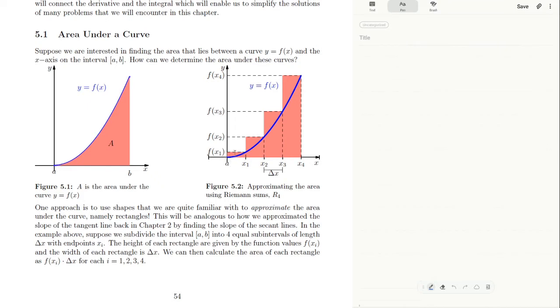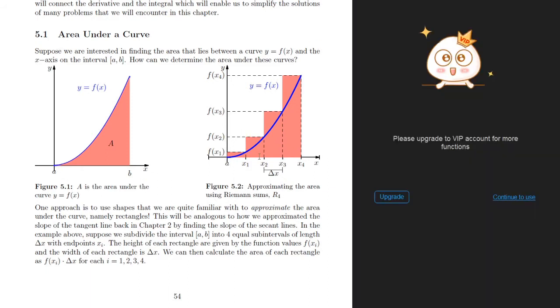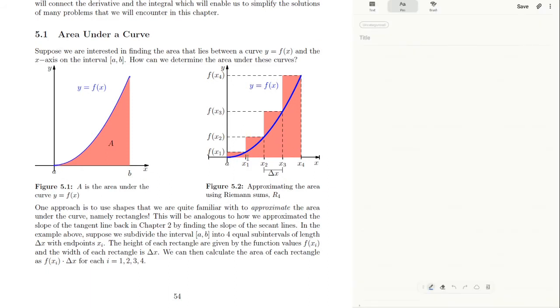So we first subdivide the interval from a to b into smaller subintervals, and the endpoints of these intervals are given by the x-coordinates x1, x2, x3, and x4. And each of these subintervals have a length of delta x. Now the heights of each of these 4 rectangles are given by the function values at each of these x-coordinates.